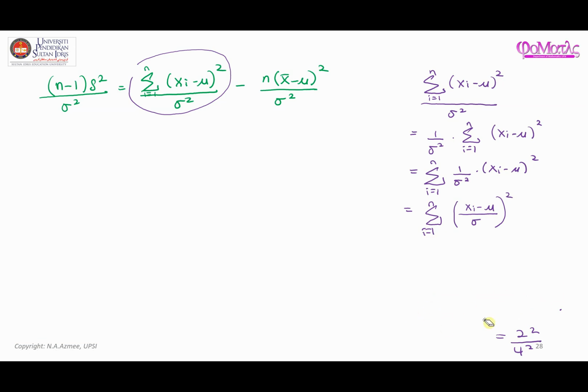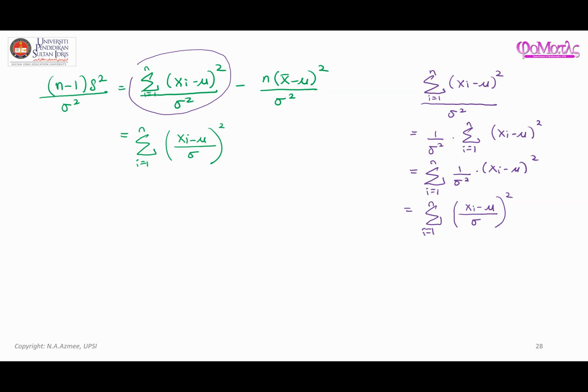Okay, so that's what I'm going to do now. I'm going to write down the result here. So the result here is going to be equal to this one. We can write it down in terms of the sum from i equals 1 to n of xi minus mu over sigma, squared.